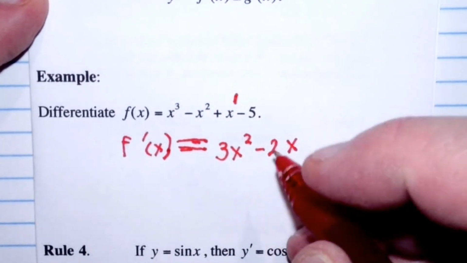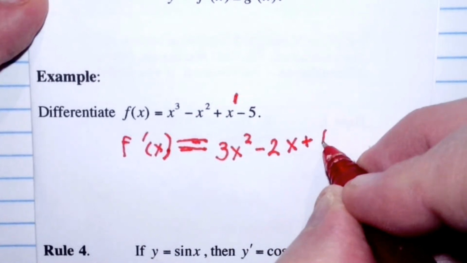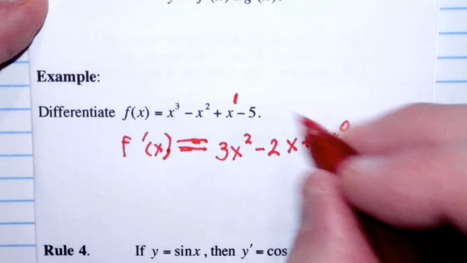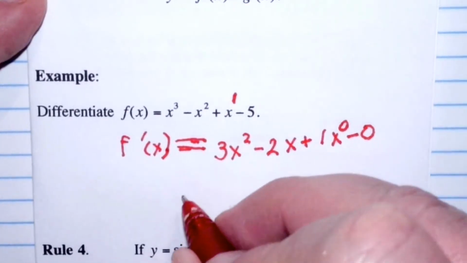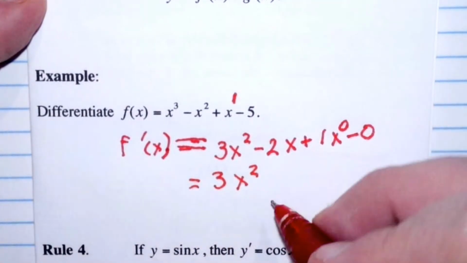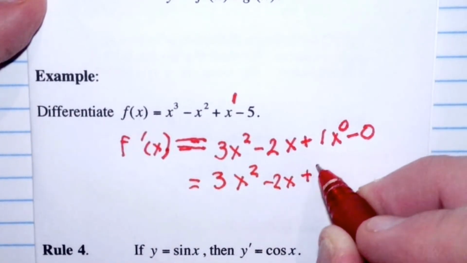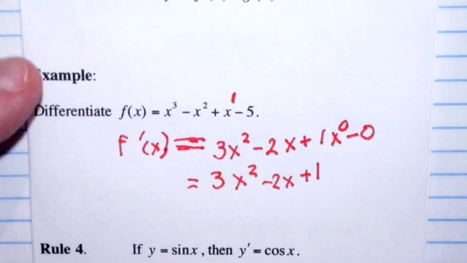Well, yes, it's x to the 1 power, isn't it? So that would be plus 1 x to the 0 power, and then minus 5, the derivative of the minus 5 would be minus 0. So I'm going to rewrite that as 3x squared minus 2x plus 1. We're going to interpret x to the 0 as 1, and so 1 times 1 is 1.